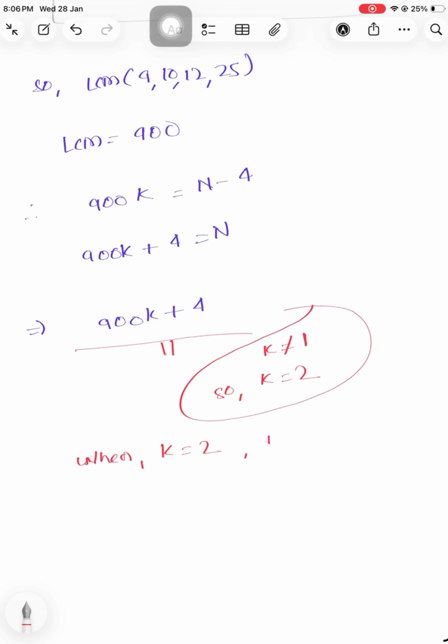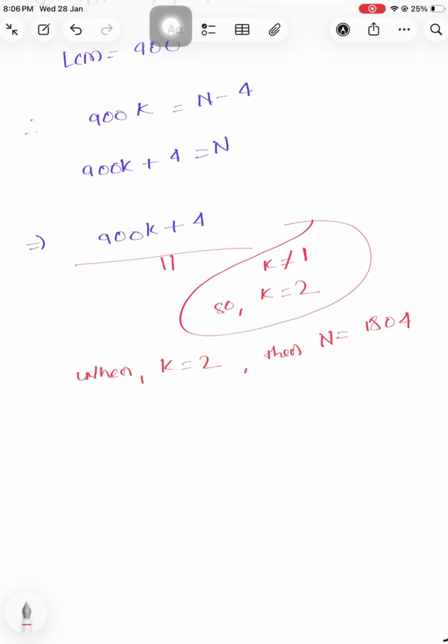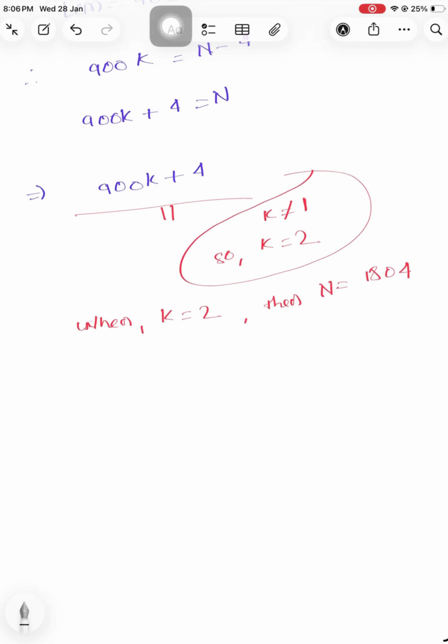So finally, just express this 1804 in the form of 12k6, and we have already taken one equation, which was 12k6 plus x equals to n. Okay, so that's the same equation which can help us to identify the value of k6.